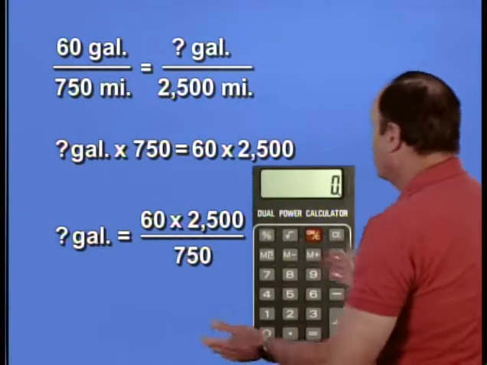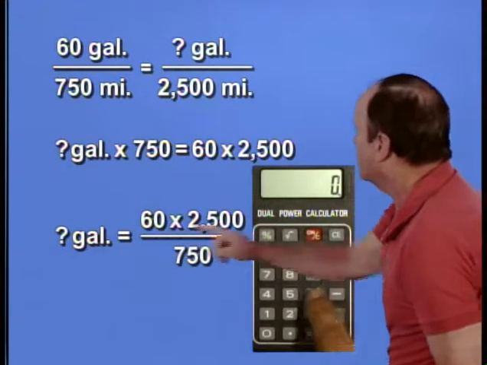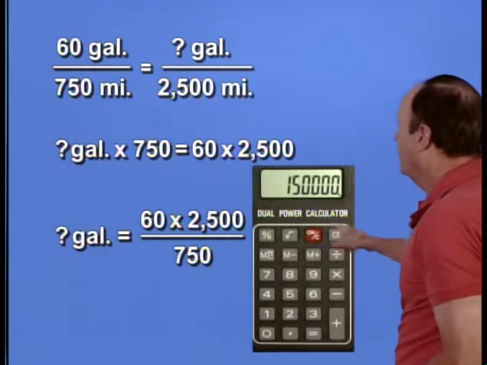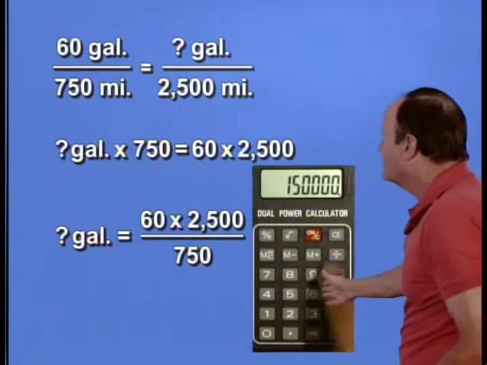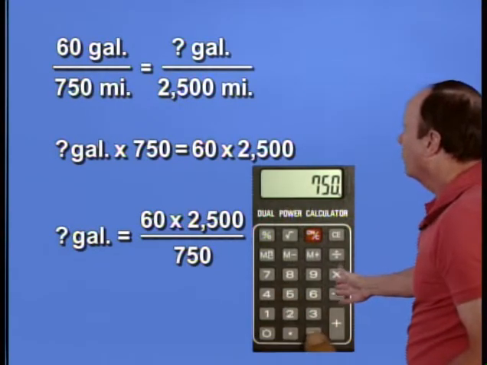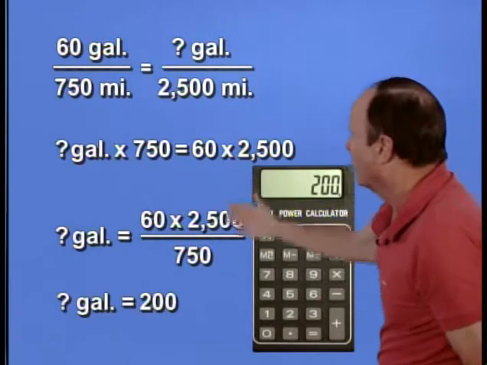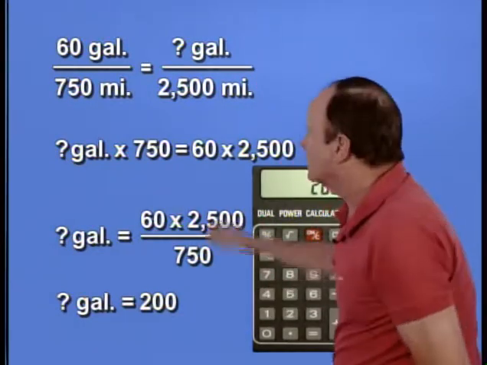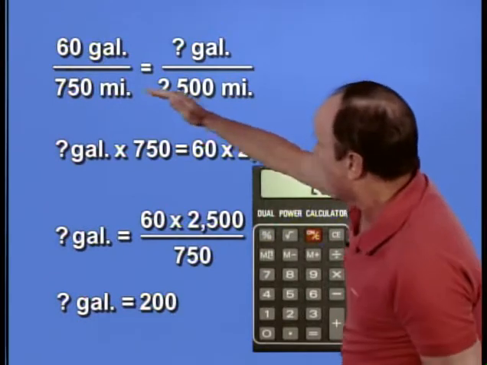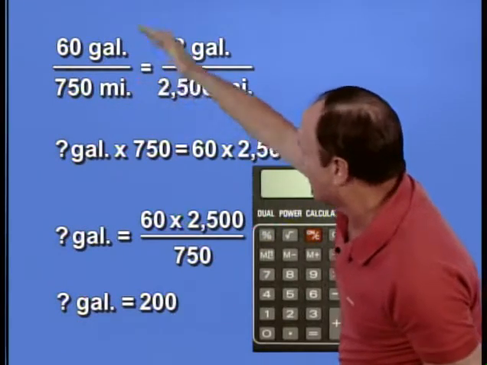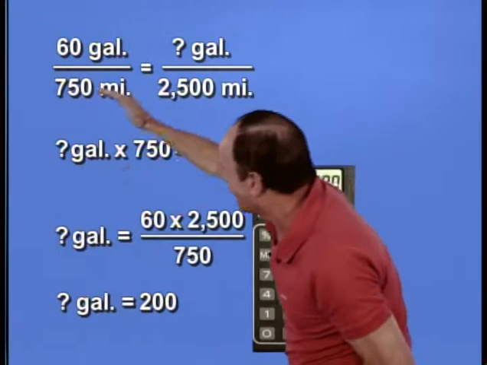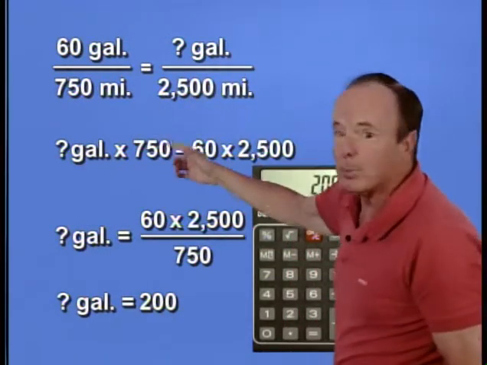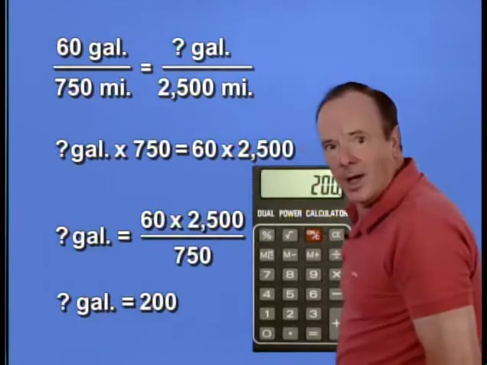So let's whip out that trusty old calculator and multiply 60 times 2,500. And then we get an answer and divide that by 750. And you're going to find out how many gallons it takes to go 2,500 miles, and the answer is 200 gallons. So once you can remember to set this up as a proportion, 750 miles and 60 gallons, how many gallons would you use for 2,500 miles? Set it up like that and cross multiply, and you've got it figured out.